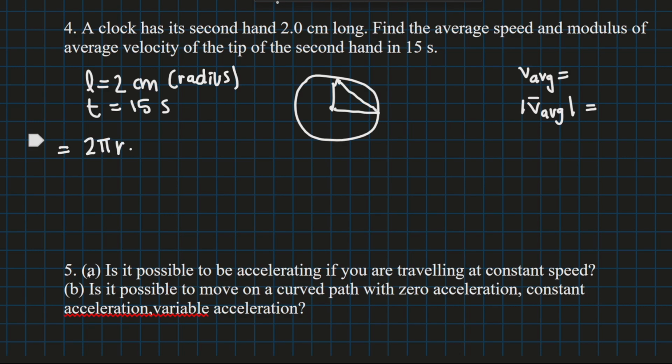Now this is 1/4 of the circle, so we'll multiply it by 1 by 4, and then divide by the total time, which is 15.